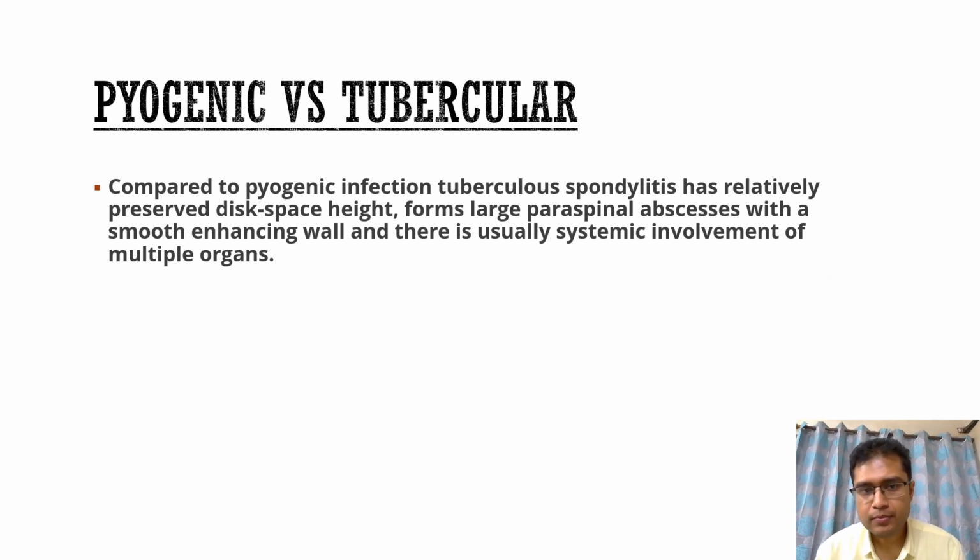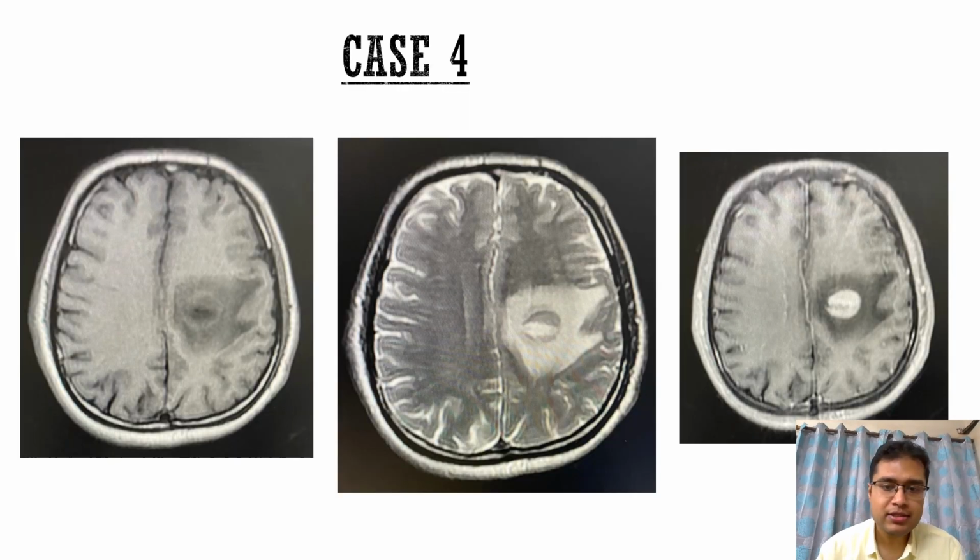So coming to my fourth case, which is again a case of MRI. So here I saw a ring enhancing lesion, this intense enhancing lesion in the left high parietal white matter, along with intense perilesional edema. These are the T1 axial sections and these are the T2 axial sections.